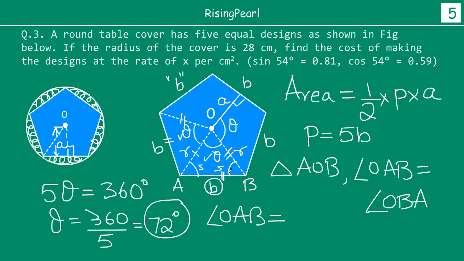So each of these angles will be equal to (180 minus 72) divided by 2. If you solve it, this will be 54 degrees. That means each of these angles is 54 degrees.